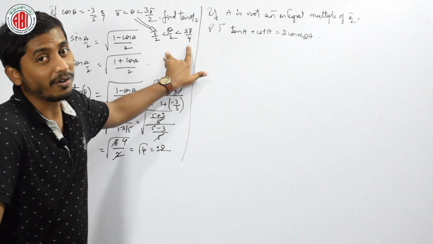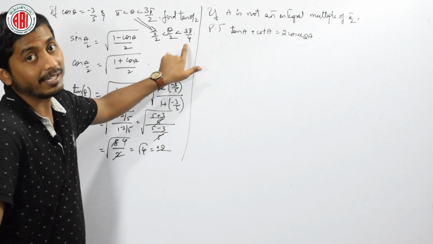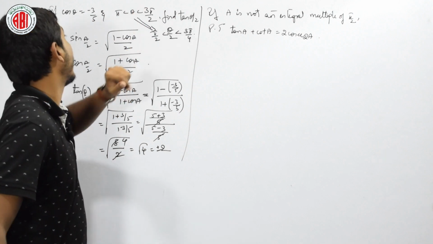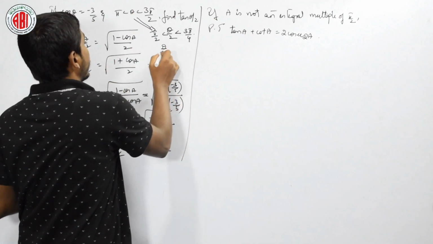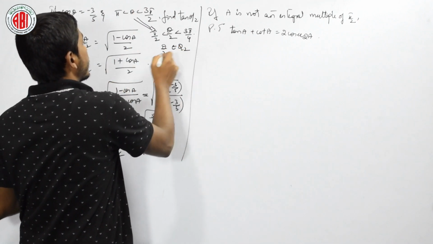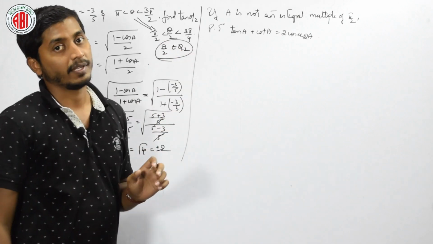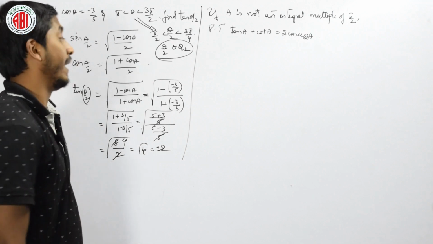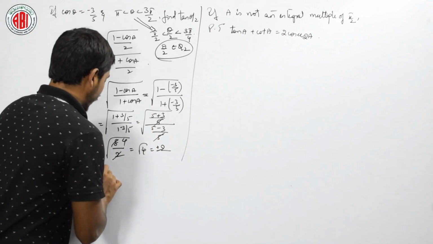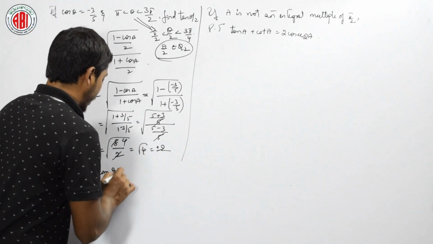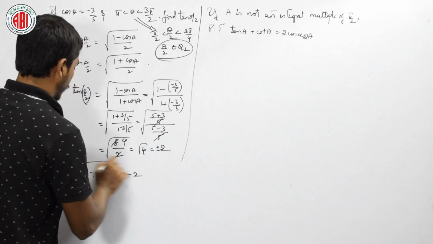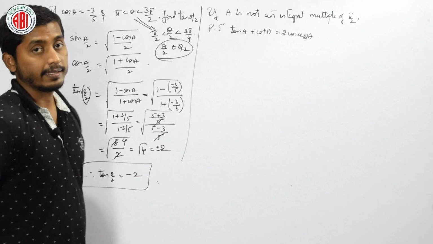What is pi by 4? 45. 45 threes are 135. Therefore, theta by 2 belongs to the second quadrant. Remember, theta by 2 belongs to the second quadrant. Then what is the value of tan theta by 2 in that? It will be negative. Therefore, tan theta by 2 is equal to minus 2. Is it clear till here?